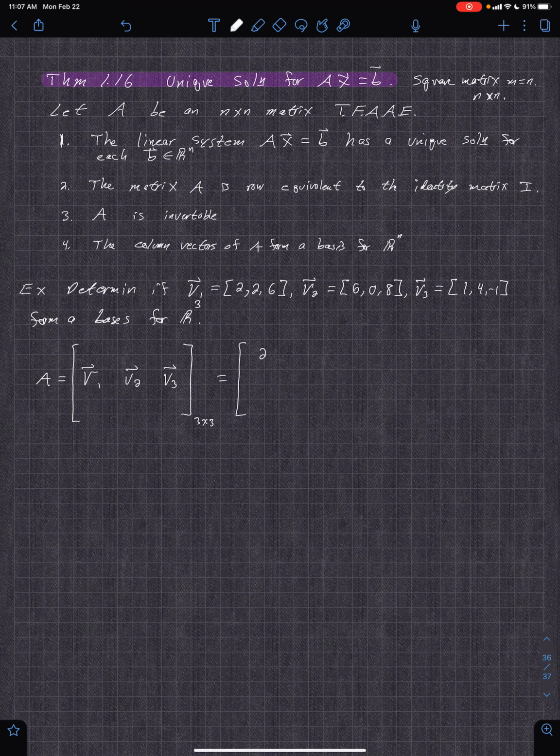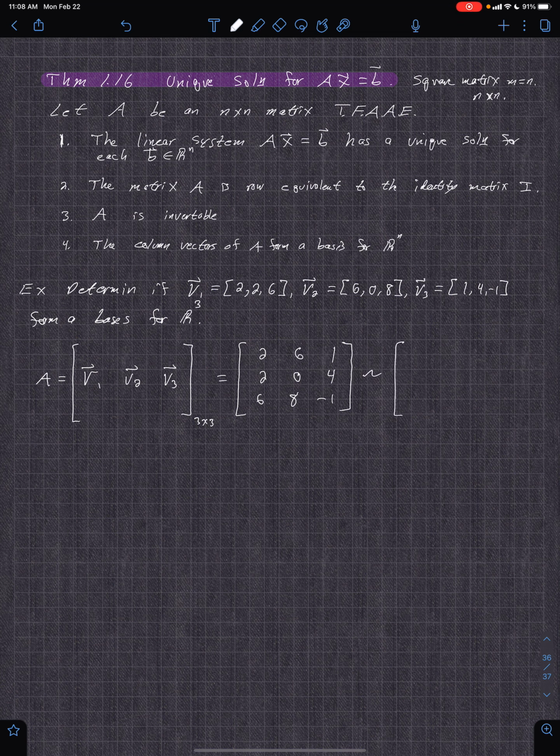I like to usually go with rows, but do 2, 2, 6, so I can see better. 6, 0, 8, and then 1, 4, negative 1, like that. We're going to row reduce. So now, do your row reduction and see what you get.